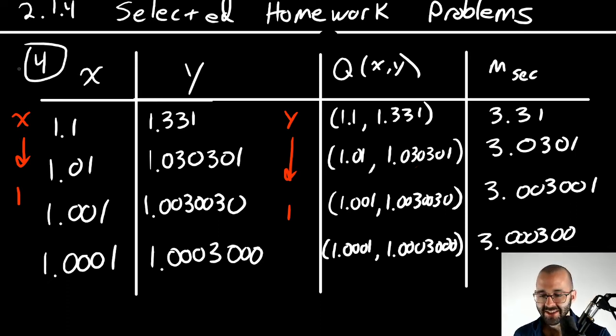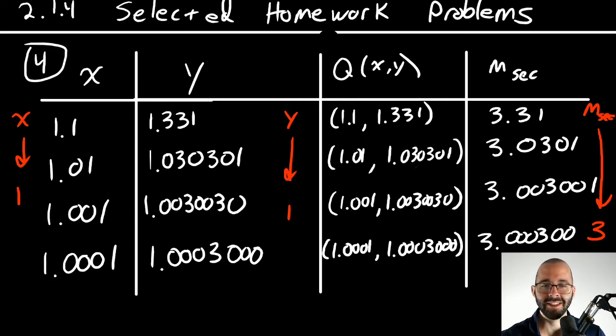So as x is approaching 1, y is also approaching 1. How is the slope of our secant line behaving? Well, it kind of looks like it's approaching 3.